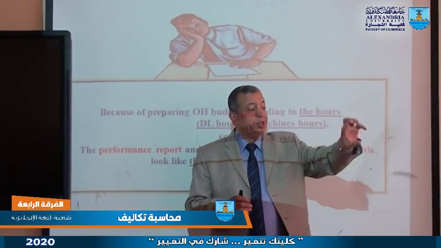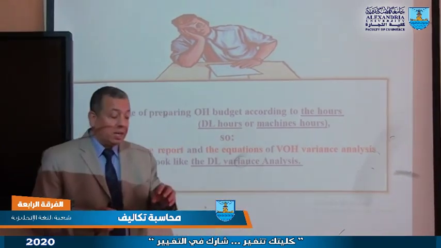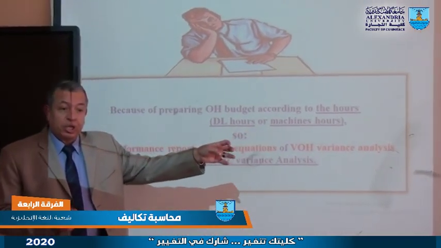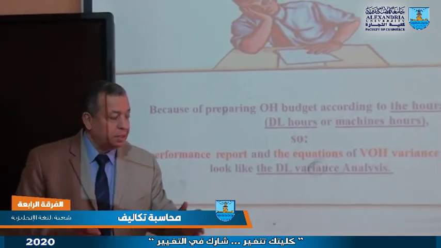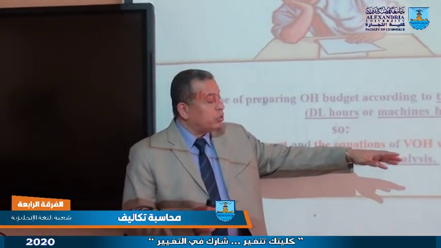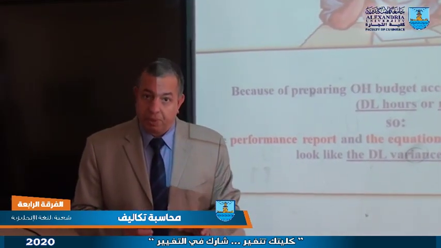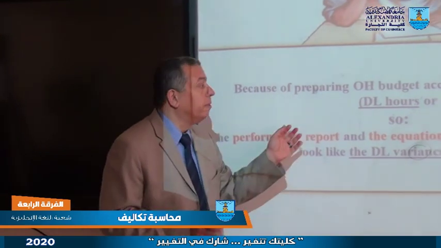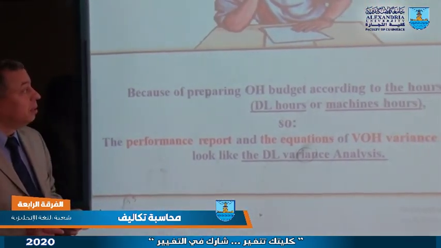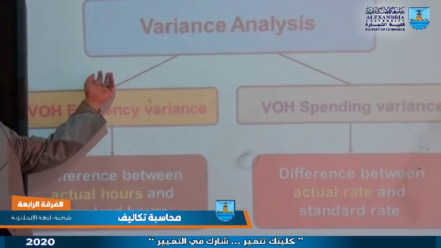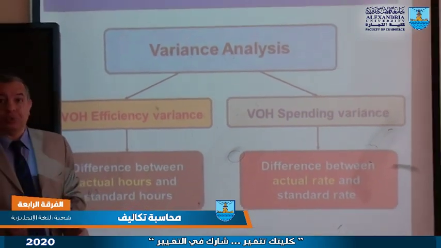What is the difference between direct material and direct labor? For direct labor, instead of quantity for direct material, we say efficiency or hours. Instead of price for direct material, we say rate for direct labor. What about variable overhead? My variances are two.